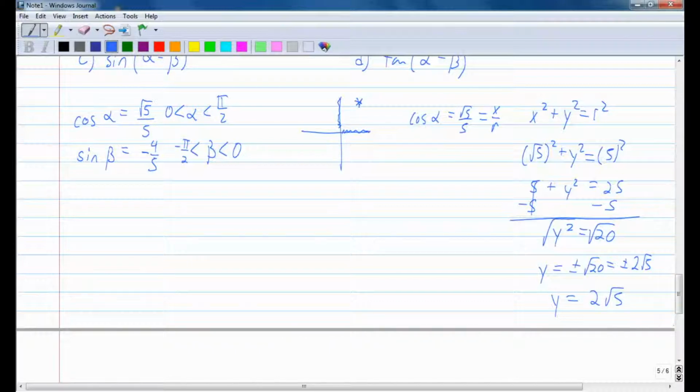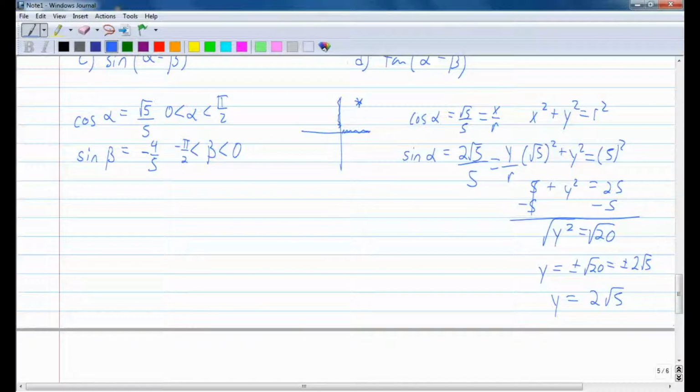Alright, so I can now figure out that the sine of alpha is equal to a positive 2 square roots of 5 over 5. I didn't mention it, but we do know that sine is y over r. Plug in your y, plug in your r, and you have what sine of alpha is equal to.